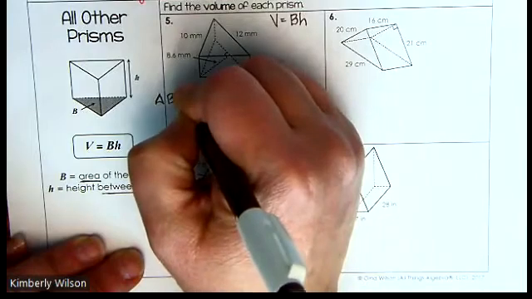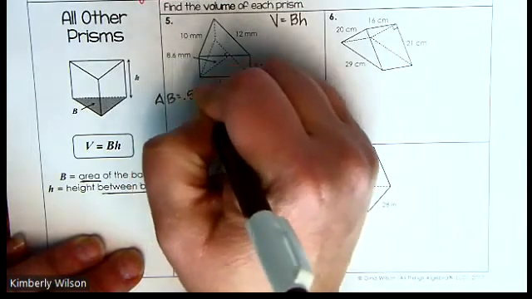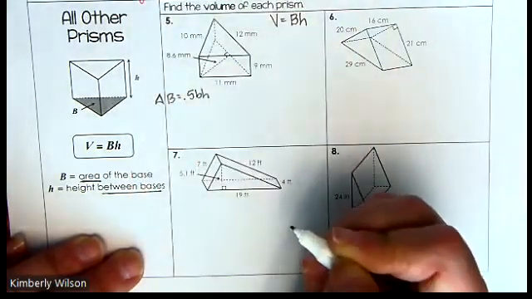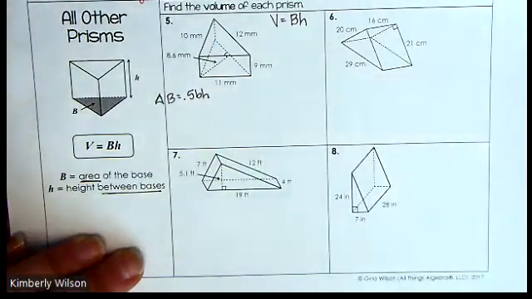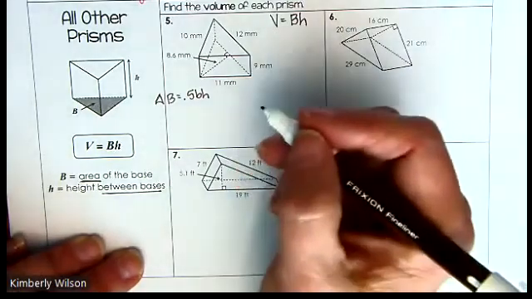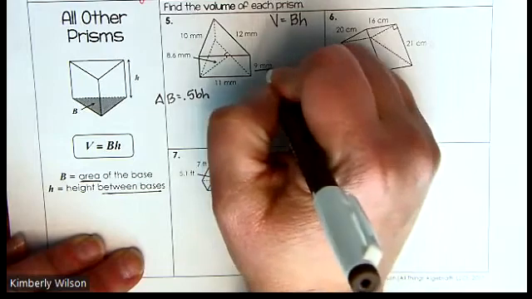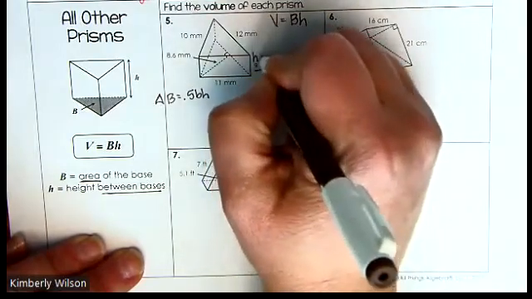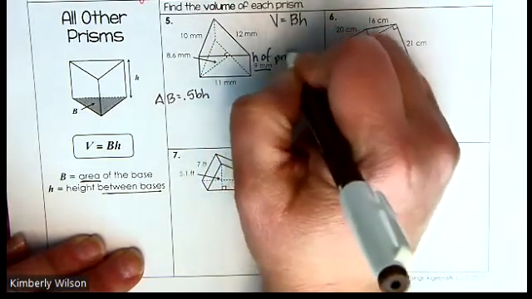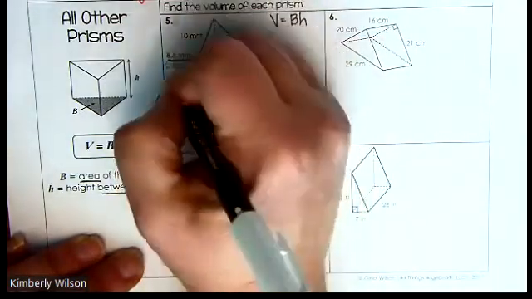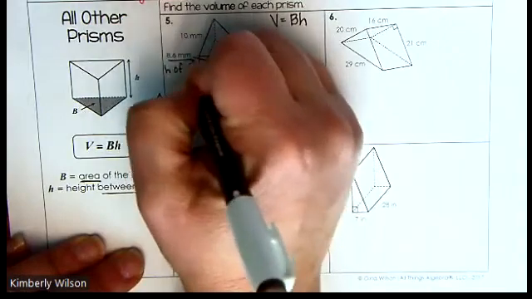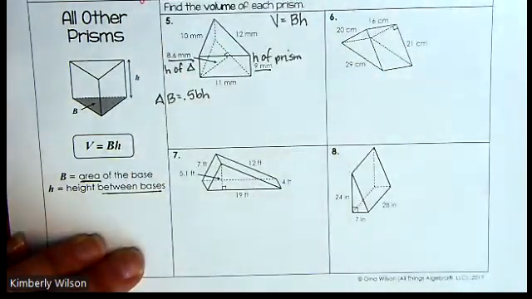So that's 0.5 base times height. Now, you're like, base times height again. Wait a minute, I've got two heights. You have the height of the prism and you have the height of the triangle. Okay. This is the height of the prism. This is the height of the triangle. They're two different things, okay?